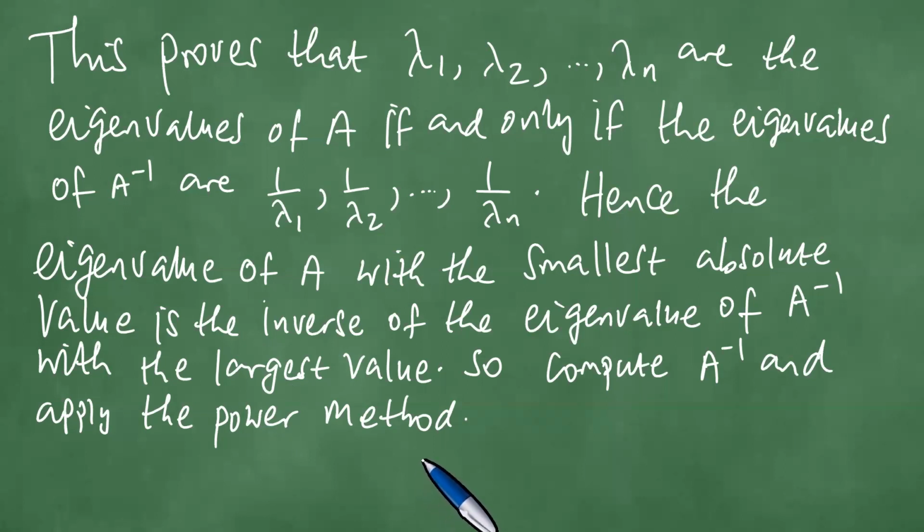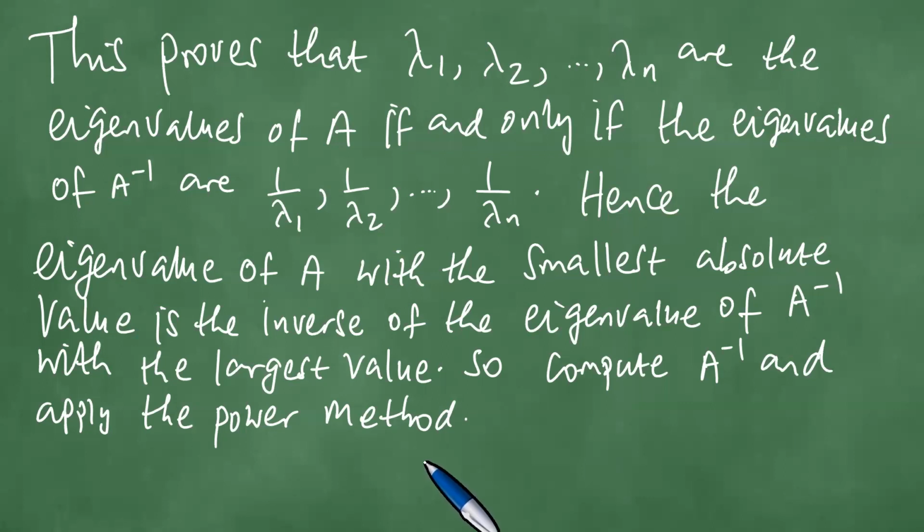What is the next part? The next part focuses on a couple of things, but mainly on the intermediate one. For the dominant eigenvalue, the one of the largest magnitude, we use the matrix A. For the least magnitude, we use the inverse.